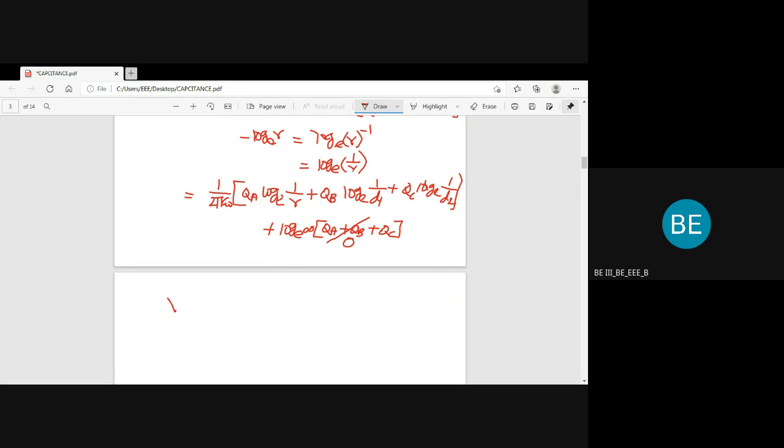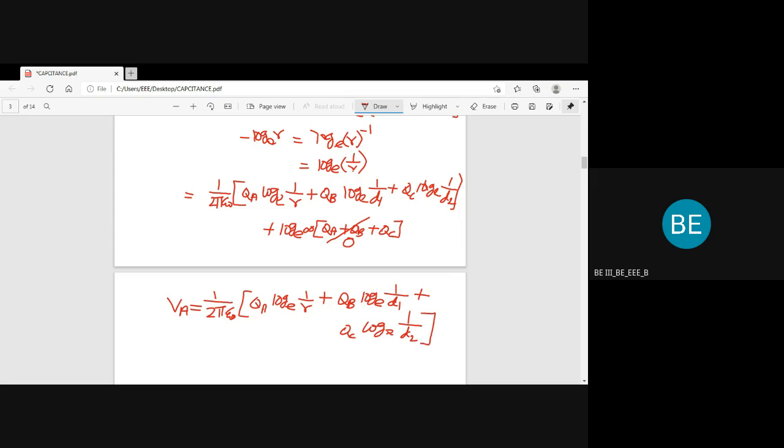So VA will be equal to 1 by 2 pi epsilon naught times QA log e of 1 by R, plus QB log e of 1 by D1, plus QC log e of 1 by D2.